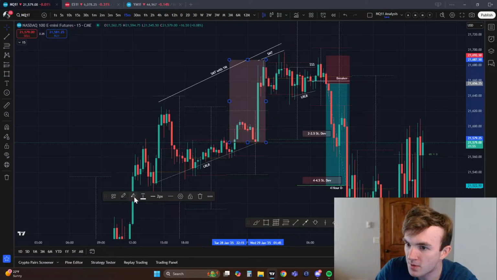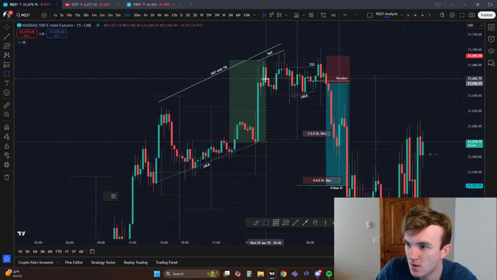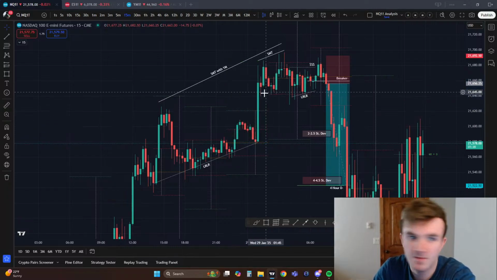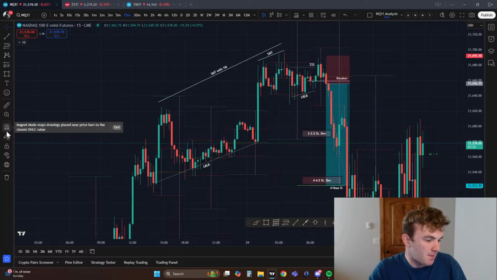So candle 1 was like this. Candle 2 was like this. Actually, I'm not going to draw that out like that. There's not really a good point.